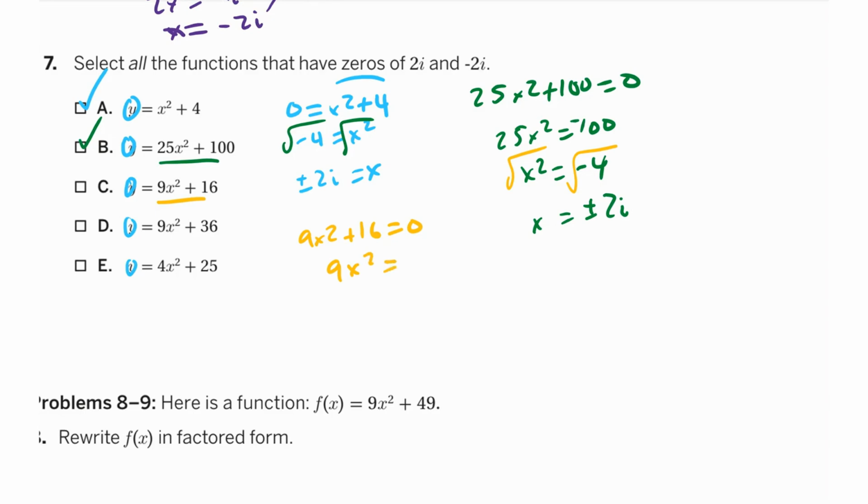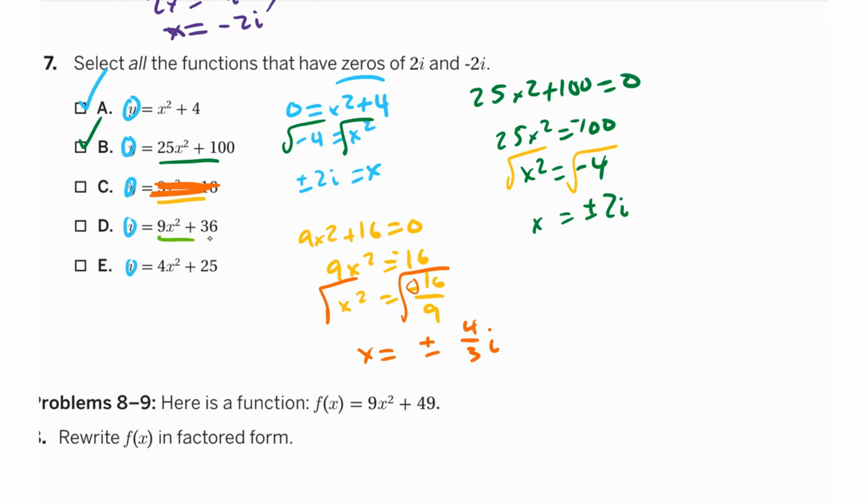Subtract 16, divide by 9, and this doesn't divide equally, but I'll go ahead and do this to get the answer. We end up getting plus or minus 4/3 i, because the square root of 16 is 4, the square root of 9 is 3, and the negative becomes i, so this one does not work.